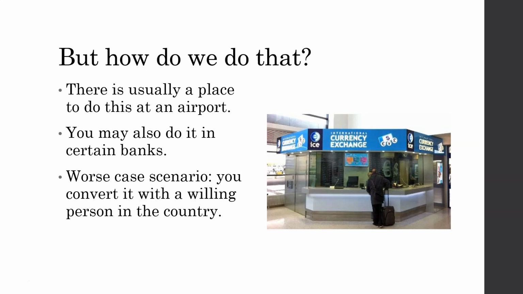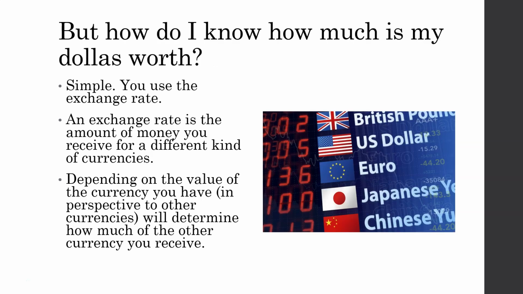But how would you do the conversion rate to make sure that you are getting the right amount of money? Because if somebody tries to offer you 100 trillion Zimbabwe dollars for your $100, you might think that's a good deal, but on paper you're getting scammed. So, how do I know how much my dollars are worth? Simple.